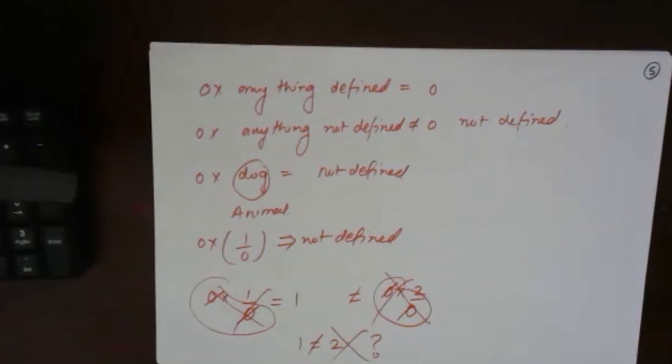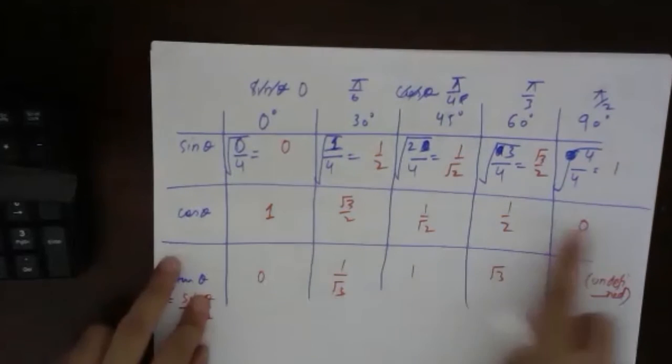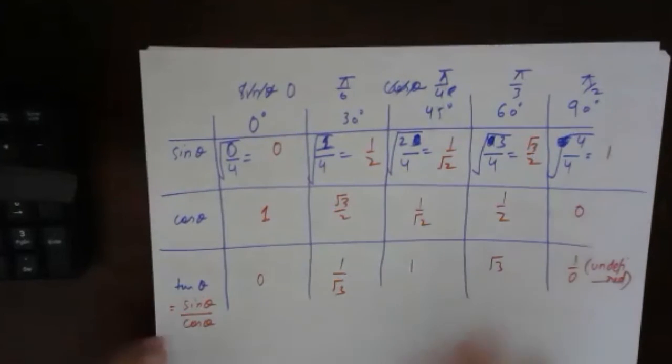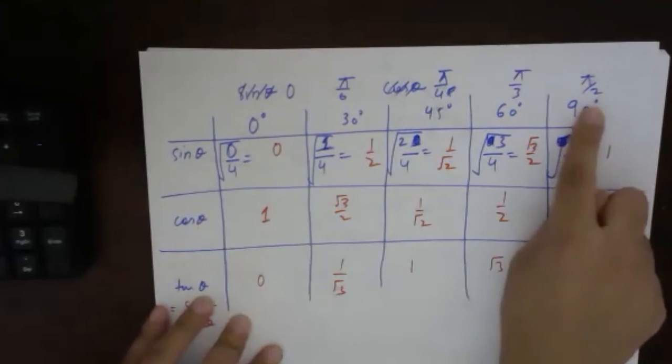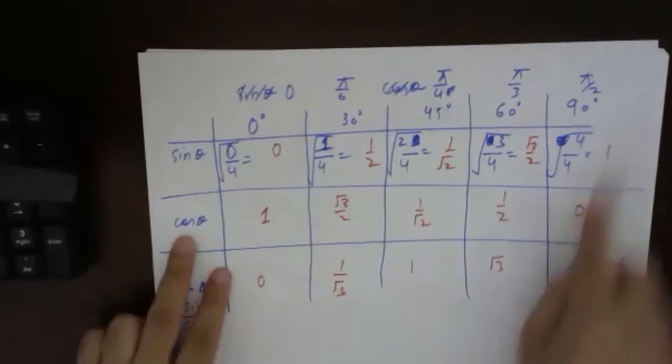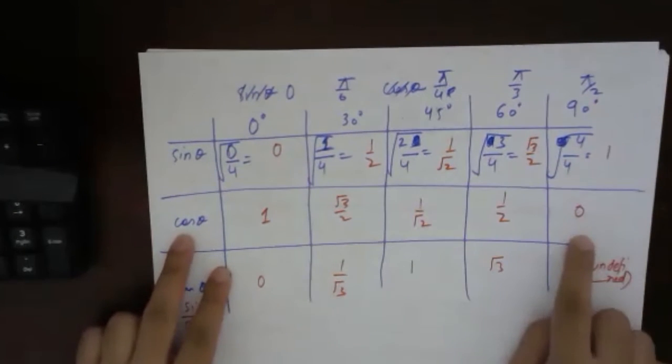Sir, the denominator of tan theta tends to 0. No, see, cos of almost 90 is almost 0, but just for the sake of continuity, what I have taken is that cos of exact 90 degrees becomes exact 0.